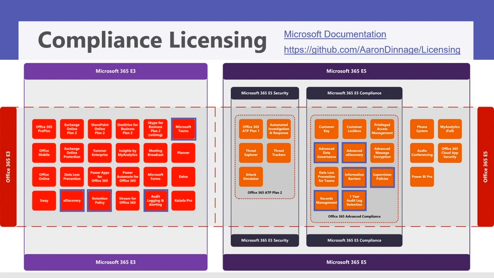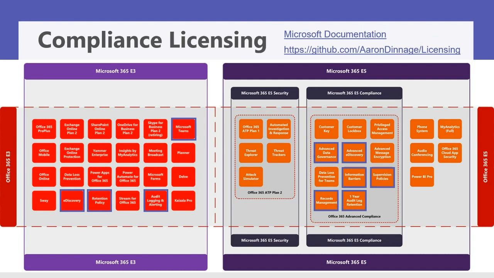It's just called G3 for government and G5 instead of E for enterprise. So the other features that you get in E3 are e-discovery, the ability to search for content, put content on hold, and export Office 365 content. You're also able to apply retention policies and view the audit log and set alerts.